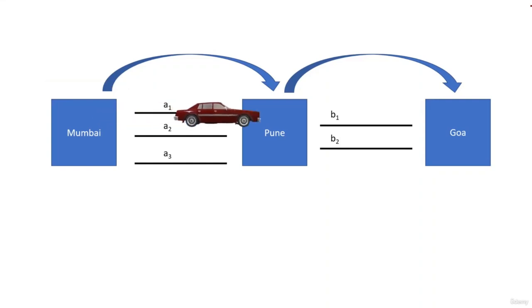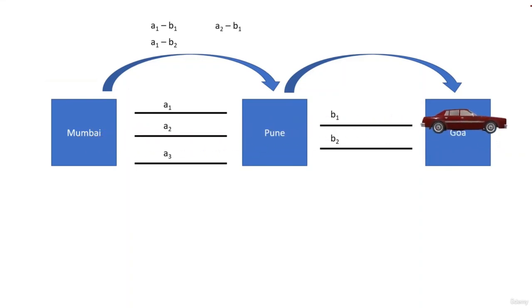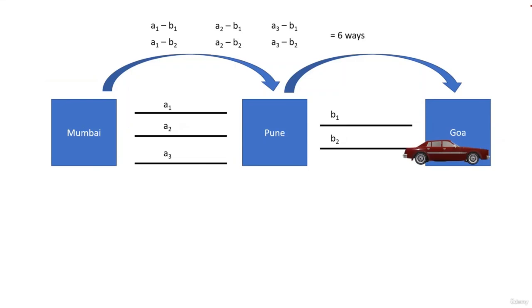One possibility is you take the route A1 and B1, right? Second possibility is A1 and B2. Next possibility is A2 and B1, or A2 and B2. Uske baad, next possibility is A3 B1, and the last possible option is A3 B2. If you count, there are exactly six possible ways available to travel between Mumbai and Goa via Pune, right?